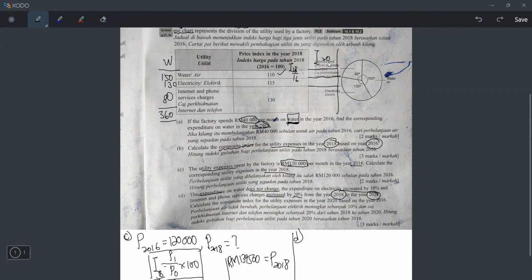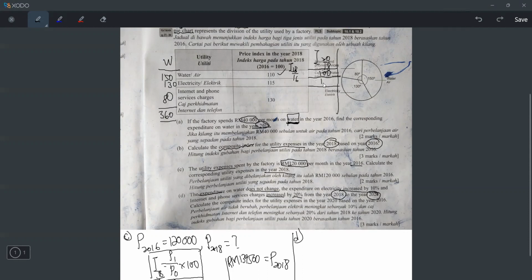And for the 2018, what happens? Expenditure on water does not change from 2018 to 2020. Means the water remains unchanged, means 100. Some students will write 110, because they thought unchanged means I have to copy from here, which is wrong. Remember, remain unchanged means 100. What about electricity?